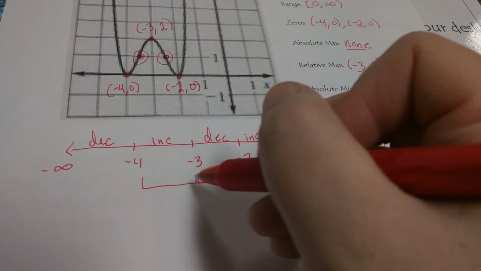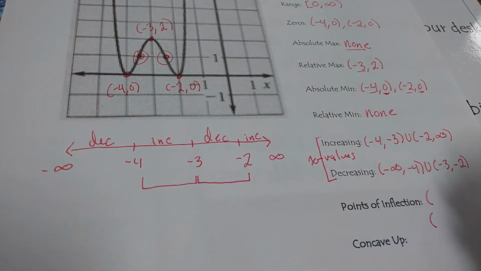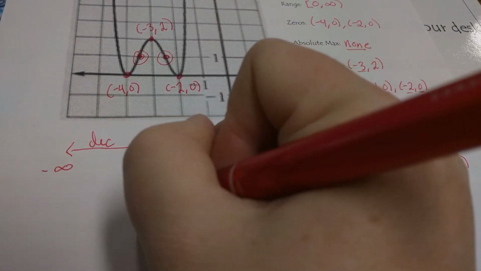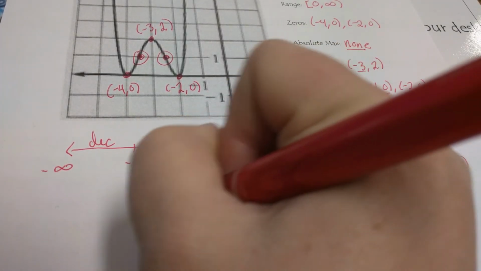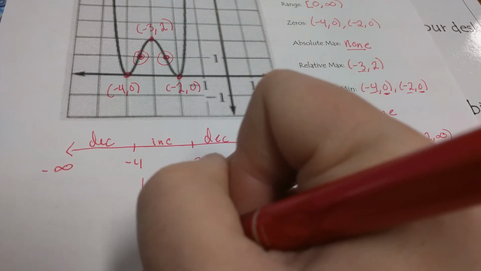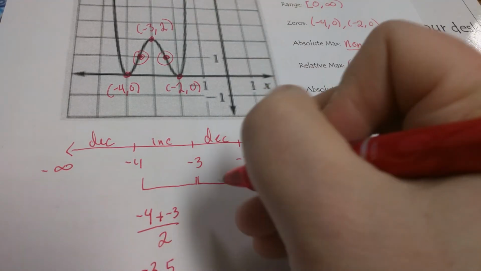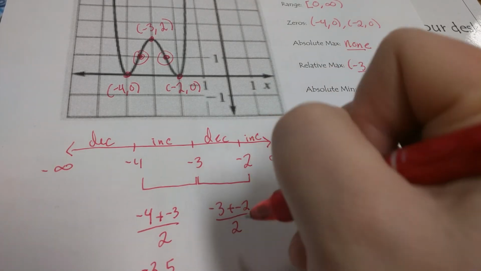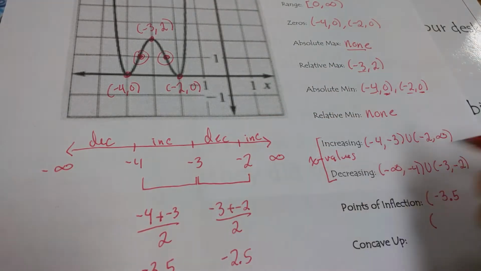Pretty easy to average these two together since it's nice whole numbers, right? But just as a reminder, you could do -4 plus -3 and divide it by 2, which is going to give you -3.5. And in this one, we're going to do -3 plus -2 divided by 2, which is going to give us -2.5.